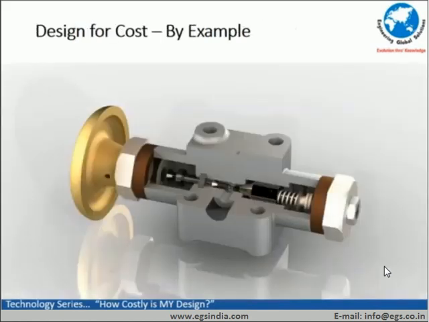So let us look at design for cost by an example, using what we have seen as the fundamental cost drivers. We are taking the case of a pressure relief valve as shown over here, which comprises a few components. We will be enumerating these components shortly. It is being used in an outdoor environment in high temperatures and high vibrations, where the pressure pulsations are pretty large.